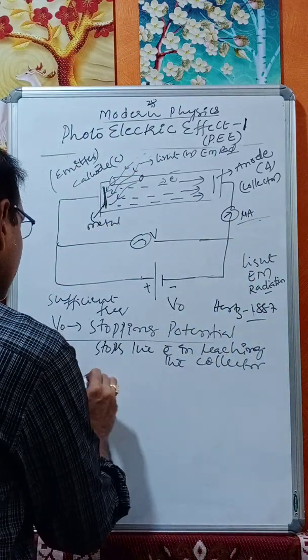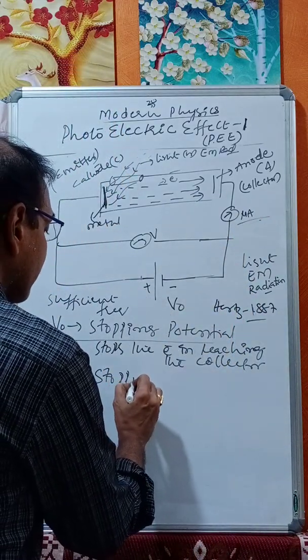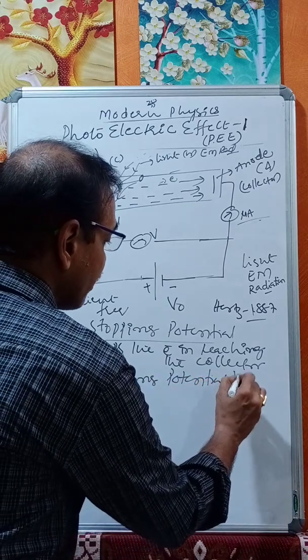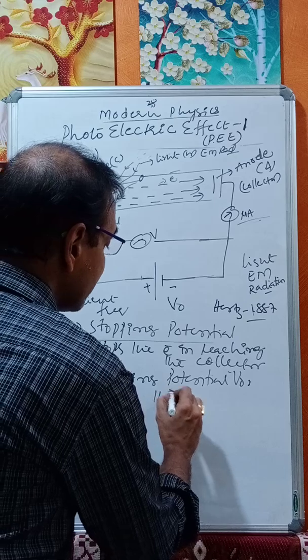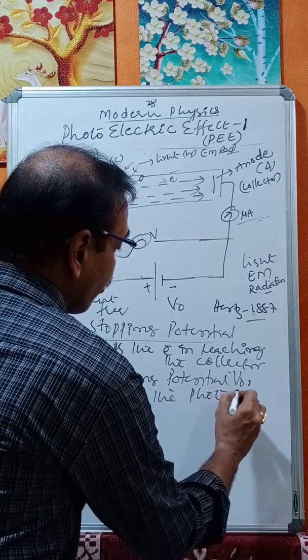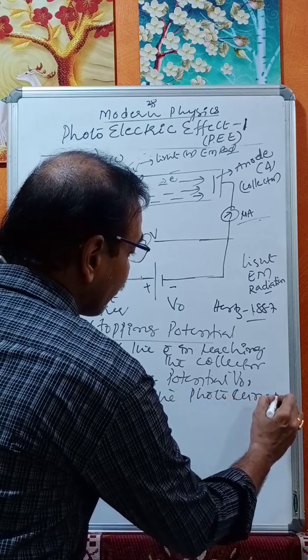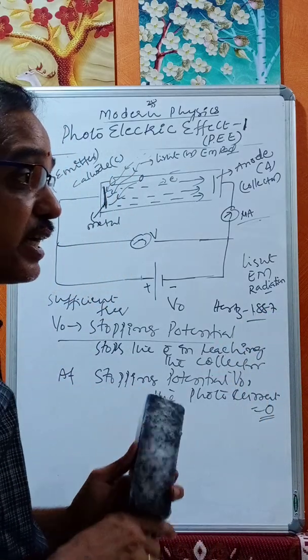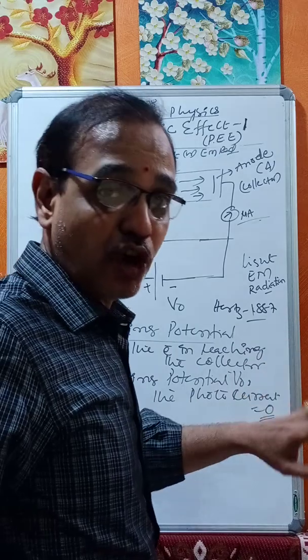Therefore, at stopping potential V0, the photocurrent is zero. The photocurrent is equal to zero. Therefore, we can say the potential that stops the electrons is called the stopping potential.